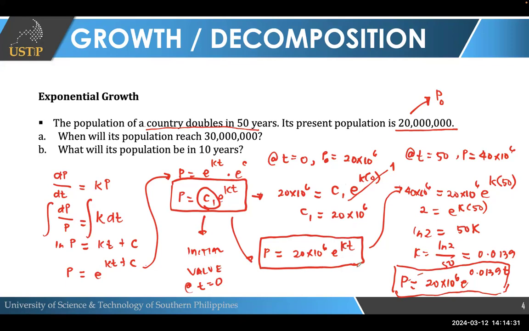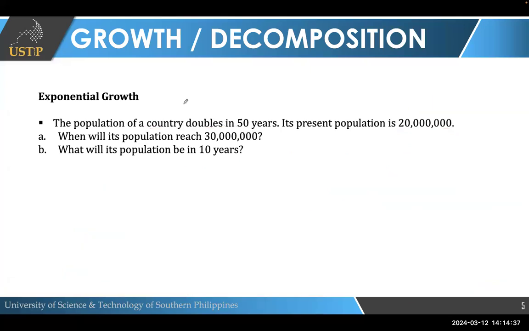Okay, so again, we already have the particular solution. So let's solve for A. The question, I will write it quickly, class. We have P is equal to what we solved earlier, 20 times 10 to the 6 e raised to 0.0139t. Okay, so A asks: when will its population reach 30 million? When?